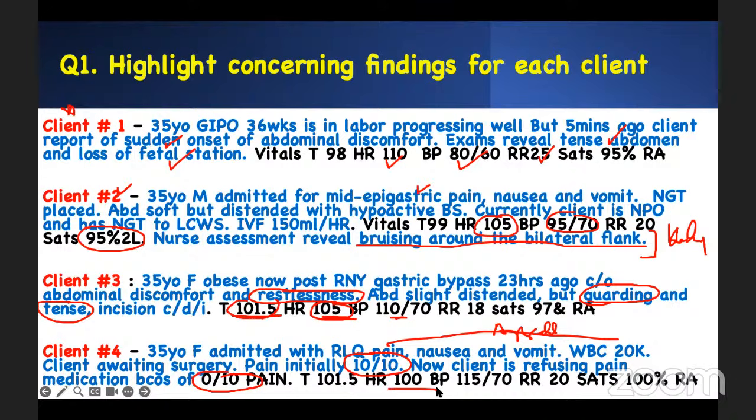Then it's tachycardic. So if they ask you to highlight, most likely they will highlight this information for you. But I intentionally decided not to give it to you so that you can look at it and say, this is not normal.